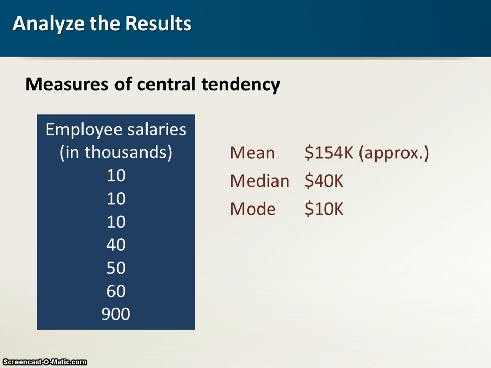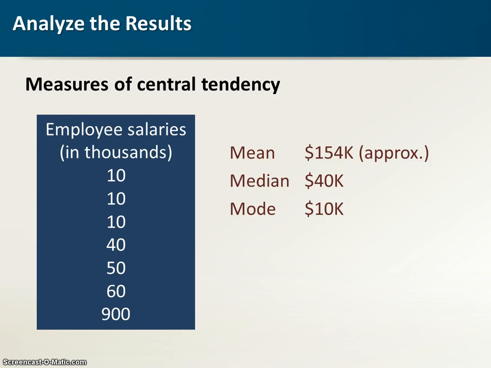And technically that's not lying, but of course it's really very misleading because nobody makes that amount of money. So between the other two numbers, the 40,000 and the 10,000, we could debate which one is more appropriate for describing the typical employee at this company. But either way, we could all agree that 154,000 is definitely going to be a misleading figure, even if it is not technically a lie.